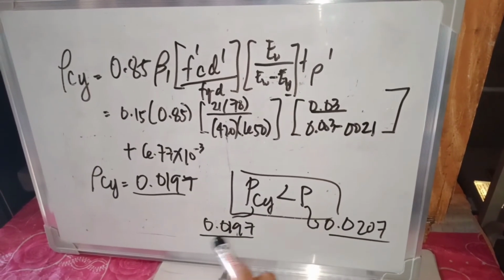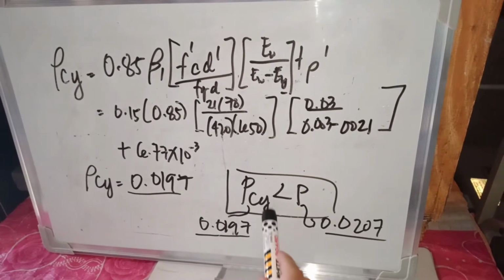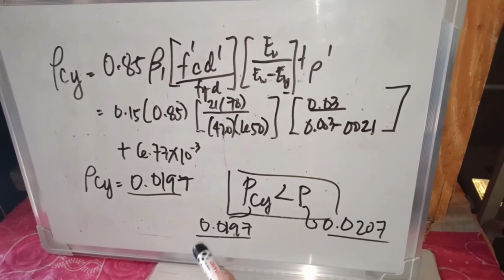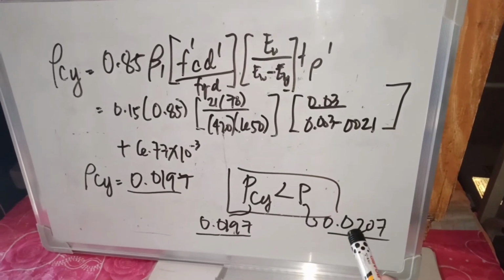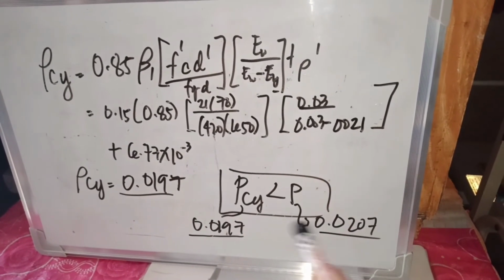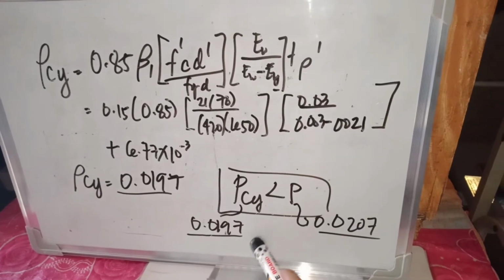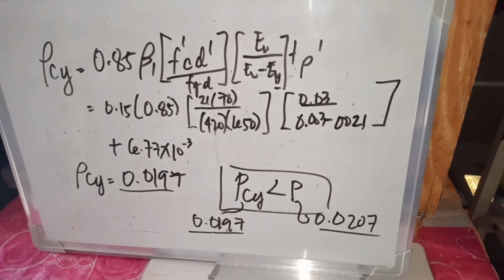From determining the values, our rho_cy is equal to 0.0197 and our rho is equal to 0.0207. So therefore, we can ensure the ductile failure.